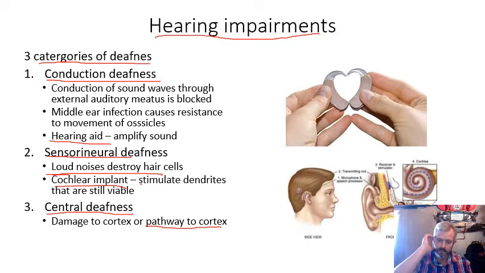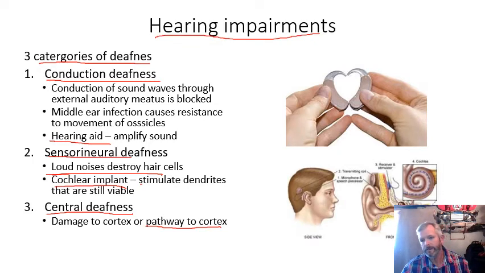But if you have damage to the pathway going back to the brain or the actual part of the cortex that does perception, you're going to have loss of sounds because you're not going to be able to perceive it. Not a lot you can do in that case. But for sensorineural, we can use cochlear implants, and for conduction, you can use those traditional hearing aids where we're just amplifying the sounds.